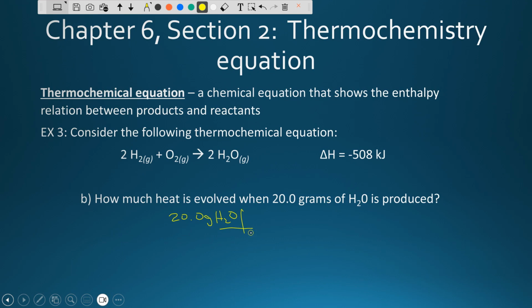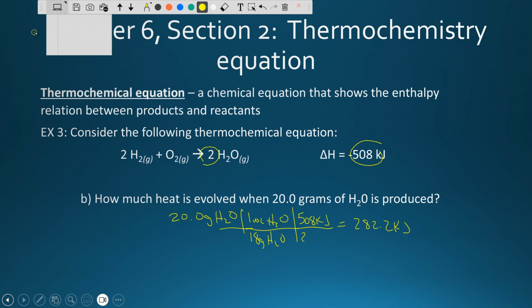Let's convert my grams of water into moles of water. And then I take a look at my equation. I have 2 moles of water for every 508 kilojoules. Again, don't put a negative in there. That just means that's how much energy is given off. It's a product. 282.2 kilojoules of heat is going to be given off.